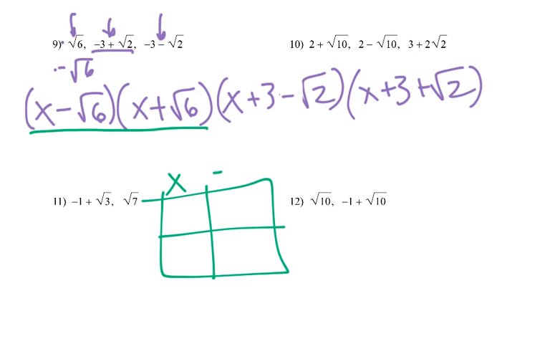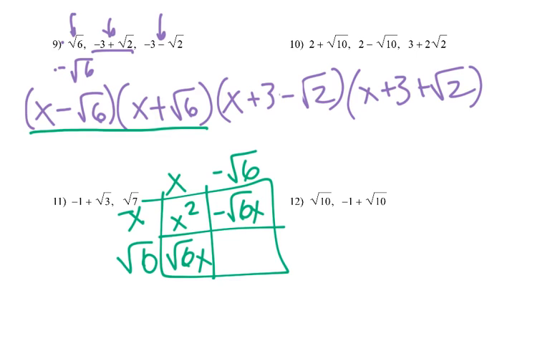Because we have the minus and the positive version of square root of 6, we're going to get x squared, negative square root of 6 x, positive square root of 6 x, and then square root times square root gives us a negative 6, because the square roots essentially eliminate each other. And then we look at these two, one's positive, one's negative, so we end up with just x squared minus 6.